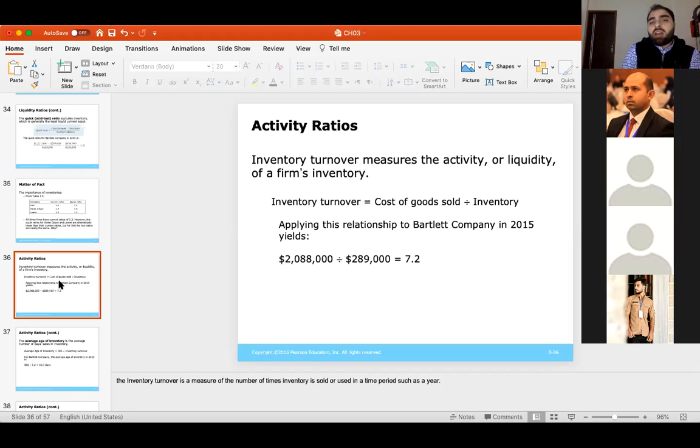How can we calculate the inventory turnover? It is equal to the cost of goods sold, which we can collect from the income statement, divided by the inventory.